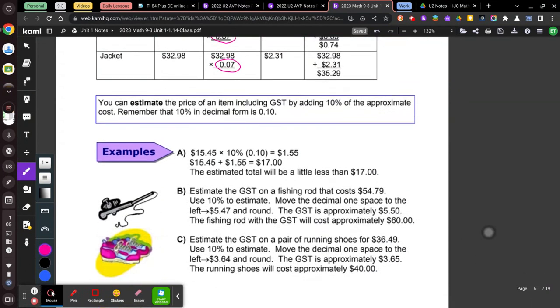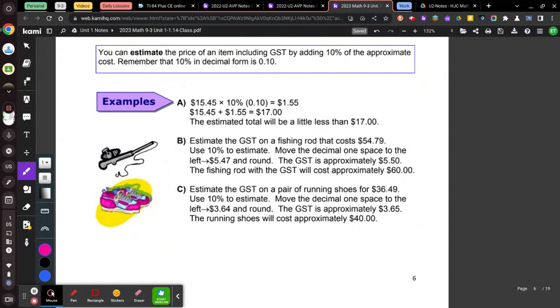All right. It says you can estimate the price of an item, including GST, by adding 10% to the cost. So literally, you just think about 0.10. What would 0.10 of the cost be? So a quick way, we're going to talk about a quick way to find 10% of any number.